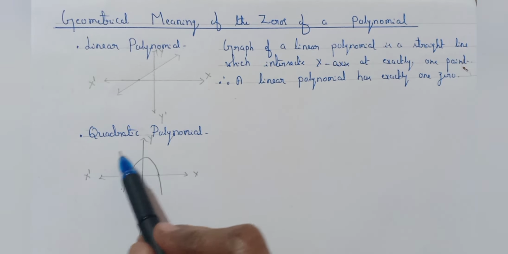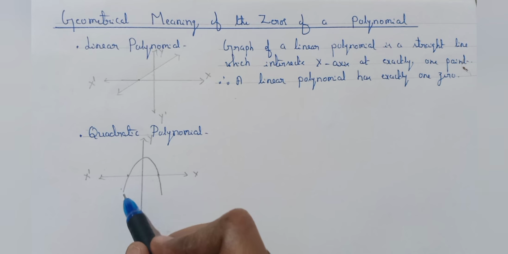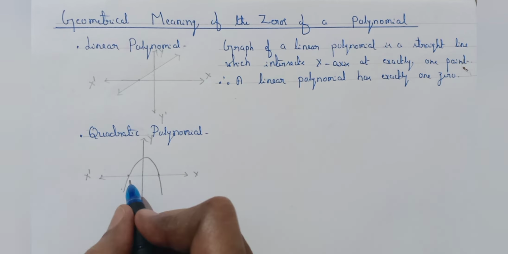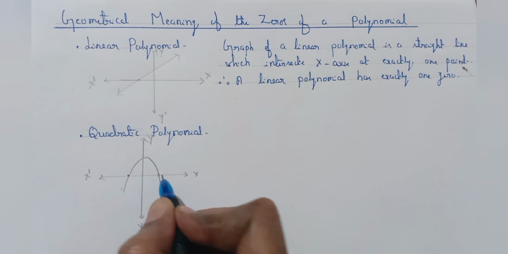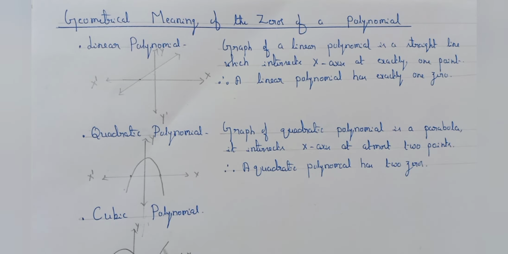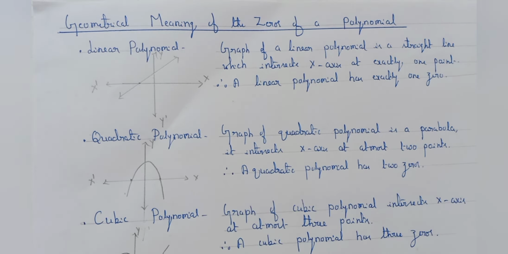Next, the graph of a quadratic polynomial is a parabola. It intersects the x-axis at most 2 points, so the quadratic polynomial has two zeros. The next is the cubic polynomial. The graph of the cubic polynomial intersects the x-axis at most 3 points, so the cubic polynomial has 3 zeros.